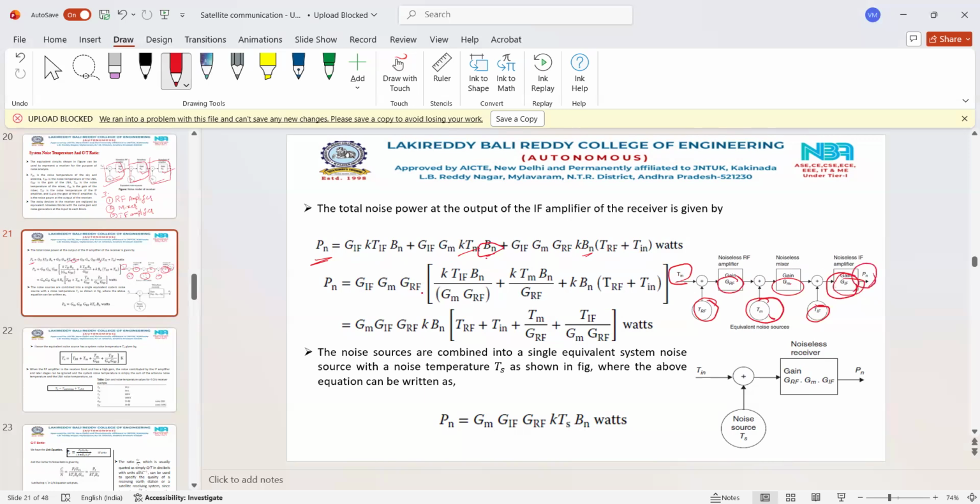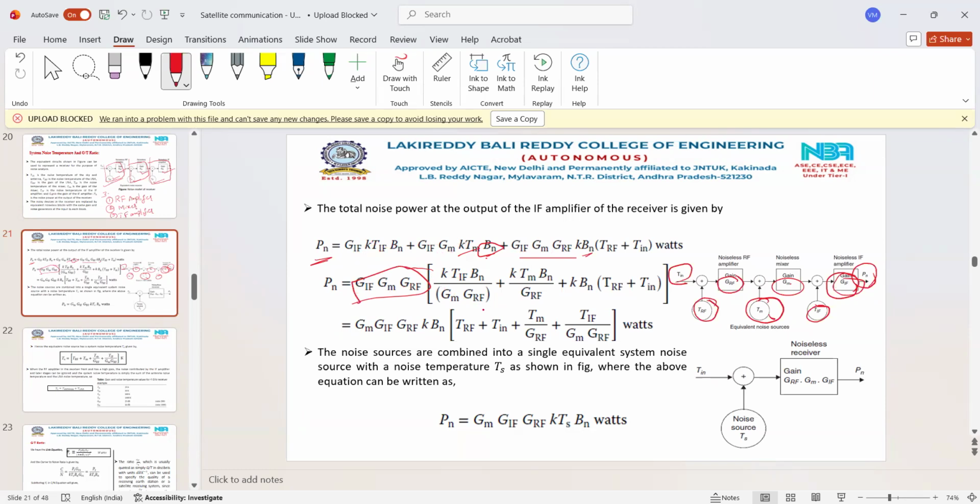Now Pn is equal to, taking common terms from these three terms: GIF and GM from the first two, and GIF, GM and GRF from the last.